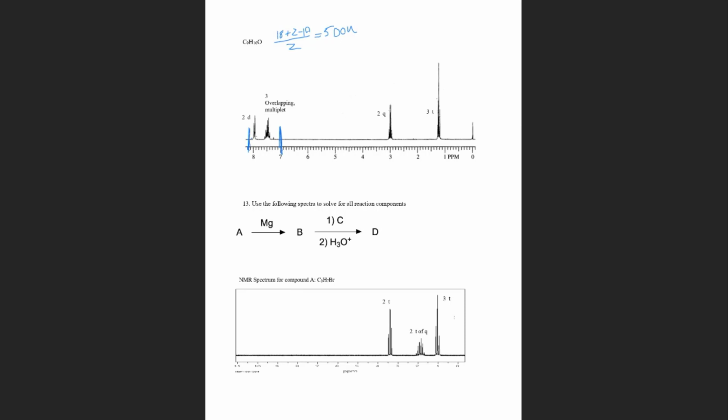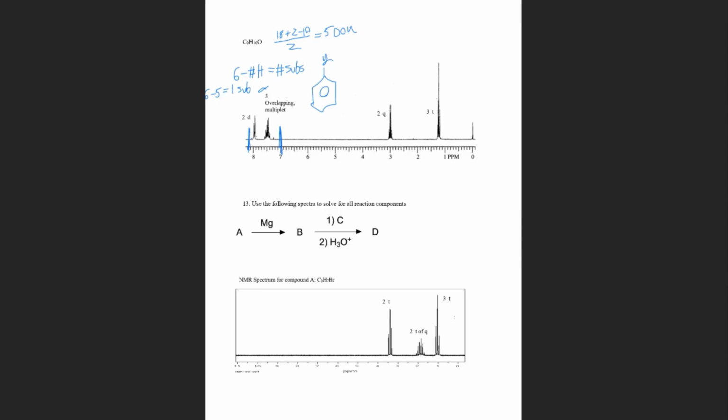But if you remember, with benzene, we can find out the number of substituents by doing 6 minus number of hydrogens equals number of substituents. So in this case, it's 6 minus 5 equals 1 substituent. So we are looking for a benzene ring with a single substituent up top.